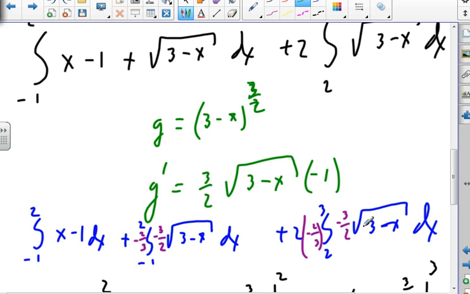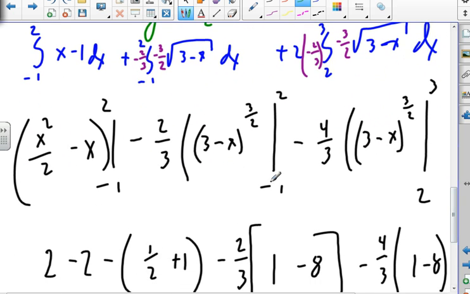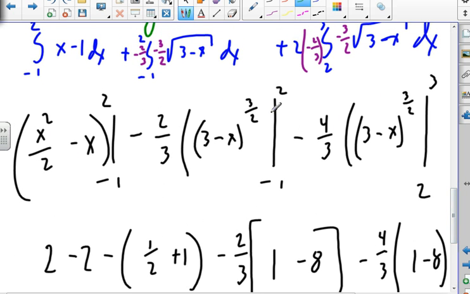Okay, I'm doing the same thing there. Okay, x squared over 2 minus x, blah blah, minus 3 over 2 times that guy, minus 1 and 2, 4 over 3, 3/2. Okay, that's the problem right here.